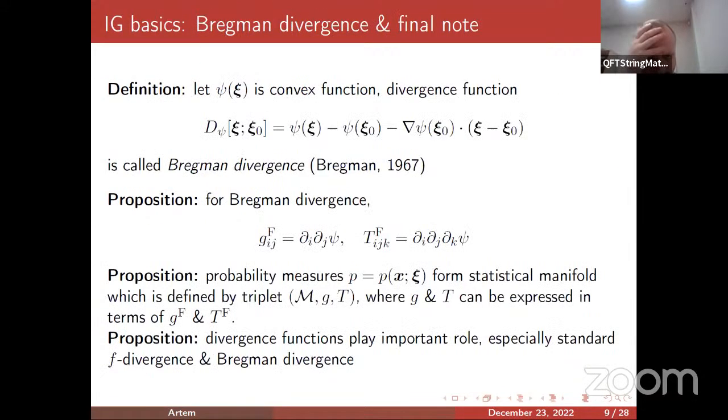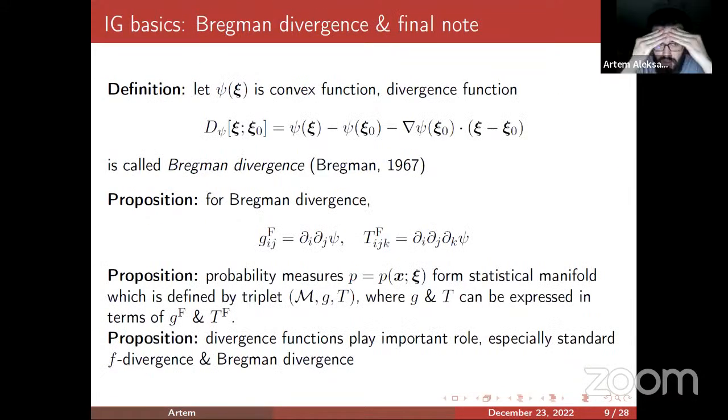And the final note is devoted to the so-called Bregman divergence. There is a specific class of divergence functions called Bregman divergence, and here you can see its definition. If I can write down the divergence function between two probability measures in the following way, where psi is a convex function, this divergence is called Bregman divergence.